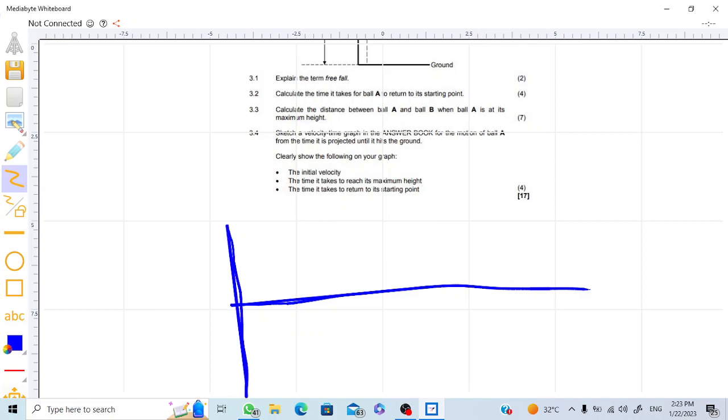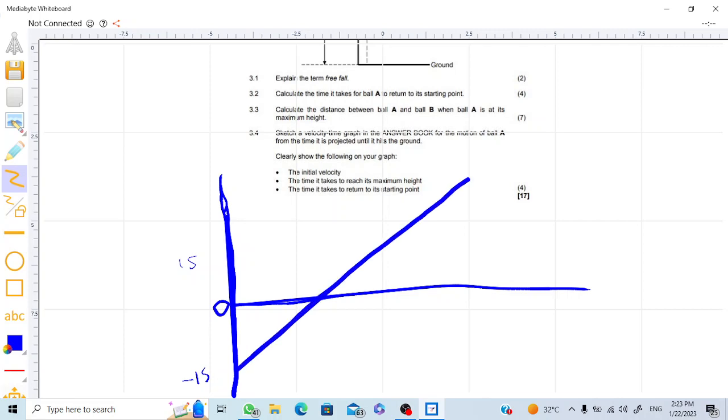Okay, this is my 0 point. Okay guys, now here I'll be having minus 15 as a starting point, then here I will be having 15, then it will move from here to somewhere.